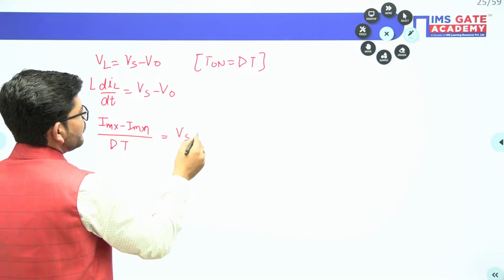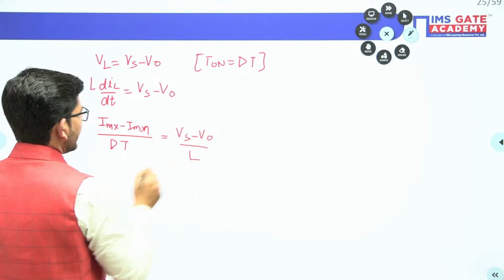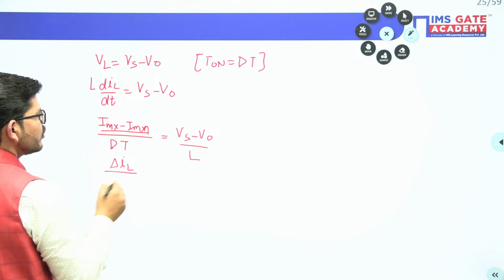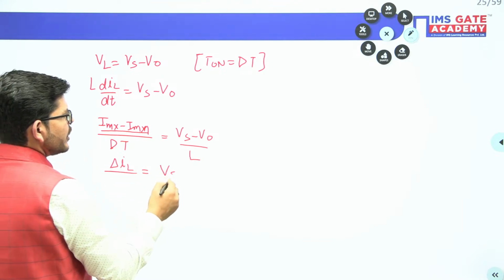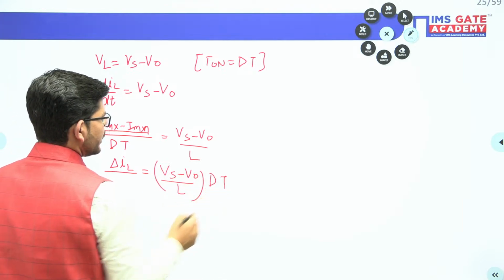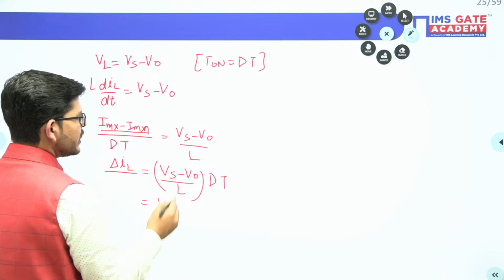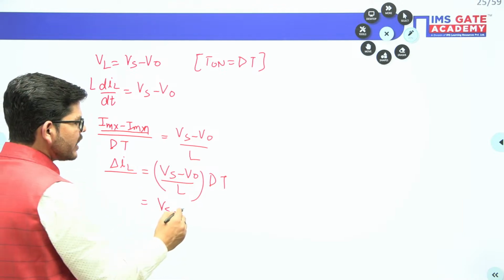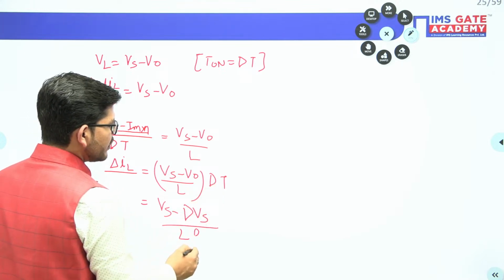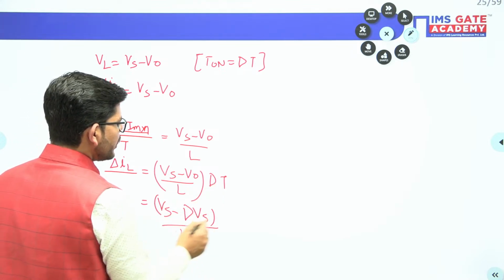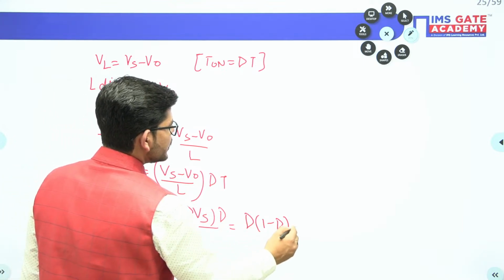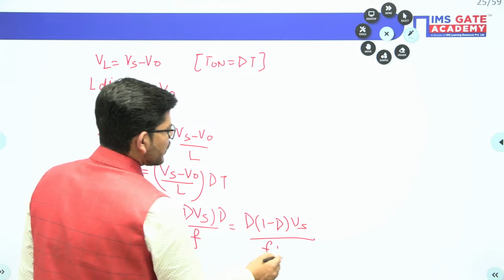So dIL by dt will be Vs minus V naught by L. Now Imax minus Imin is del IL, the peak to peak current, equal to Vs minus V naught upon L into dt. Now Vs is Vs, and in case of a buck converter V naught is d Vs. T you may write as 1 by F, and one more d is there. Now when you take common, you will get d into 1 minus d, Vs over FL, isn't it?